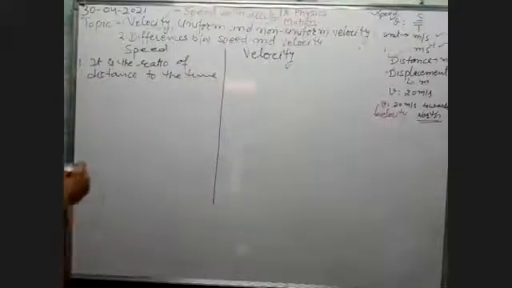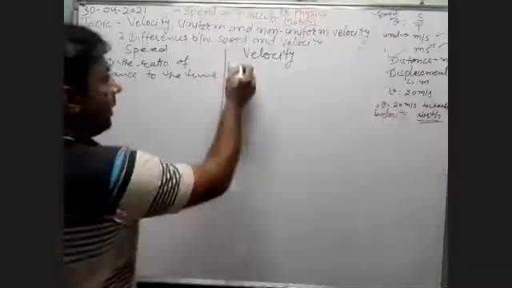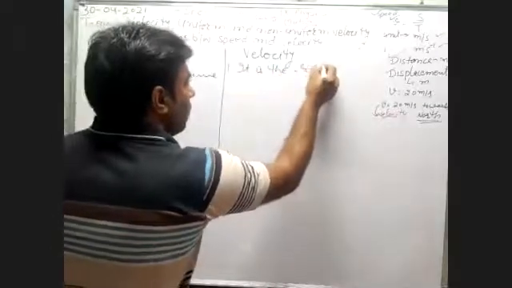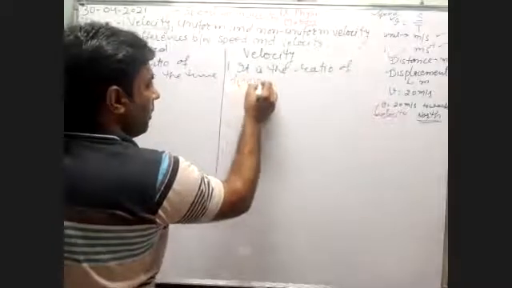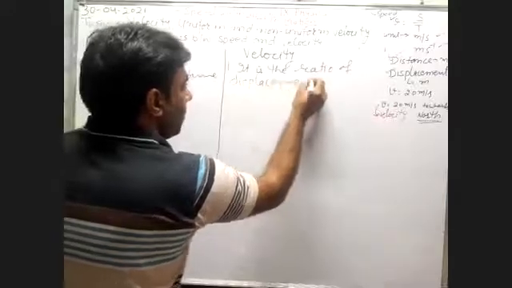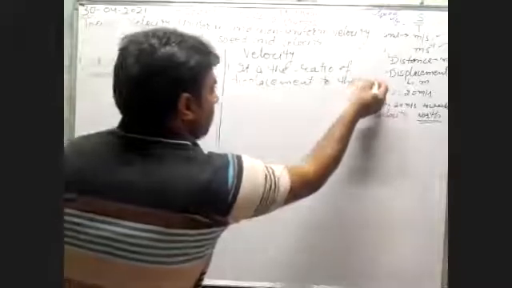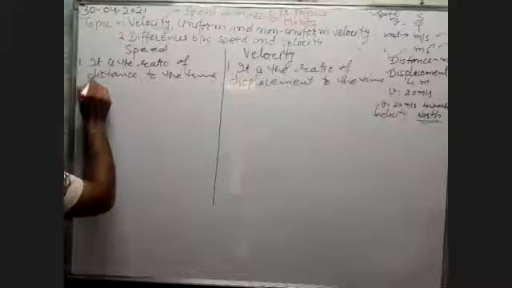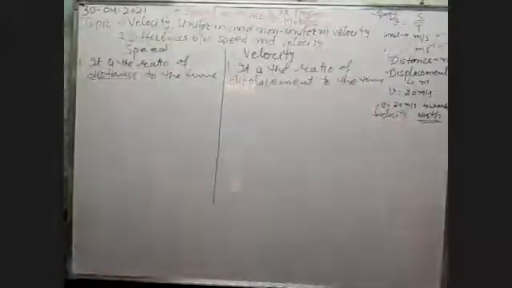I'm writing this mathematically. And velocity is the ratio of displacement to the time taken. So speed depends on distance, and velocity depends on displacement. That is also a difference.